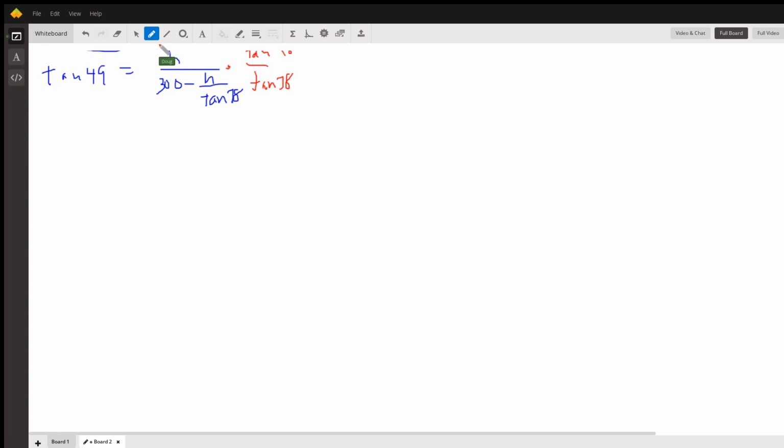So over here I get tangent of 49 equals, so I multiply by tangent of 78, I get h tangent of 78 in the numerator. In the denominator, I get 300 tangent of 78.